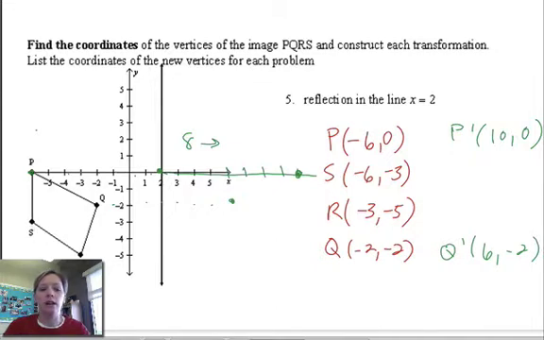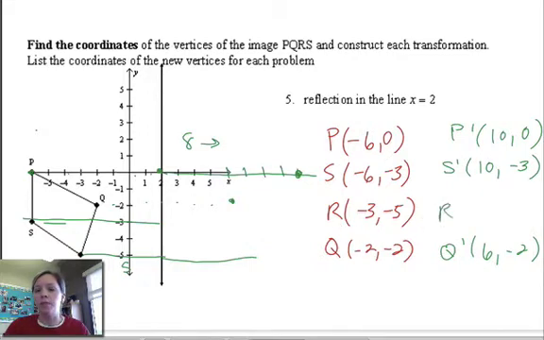Looking at S, again, S is 8 units away from the reflection line, so if I go 8 units away on the other side, it's also going to have an x-coordinate of 10, but its y-coordinate is going to stay -3. And then R was at -3, so the distance from -3 to positive 2 on the x-axis is 5. So we have to go a distance of 5 from 2, so R prime will be at 7, -5.